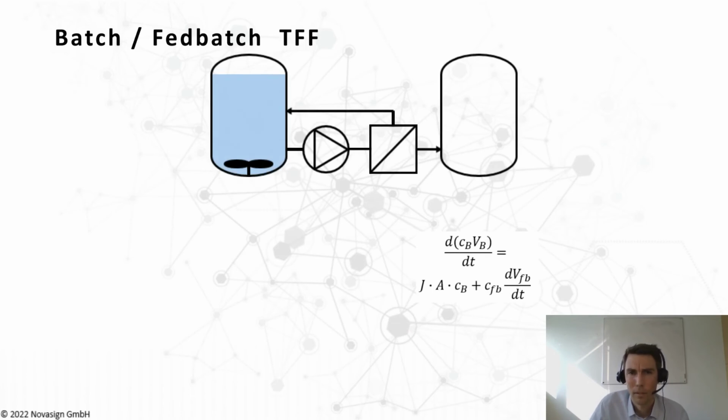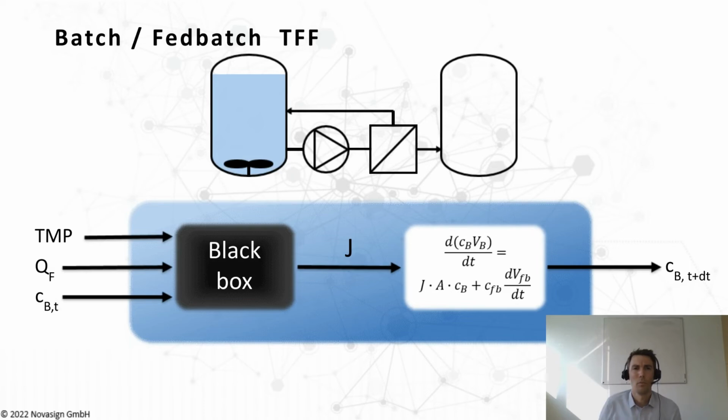When thinking about the fed batch model, what we did here is we changed the 3 parameters we were interested in: the TMP, the cross flow, and the starting concentration of our target protein. Then we let an artificial neural network predict the flux at each parameter combination, and we put this flux into a mass balance.